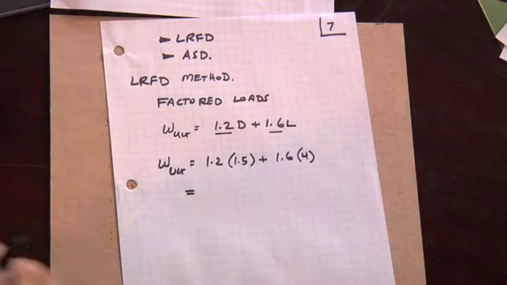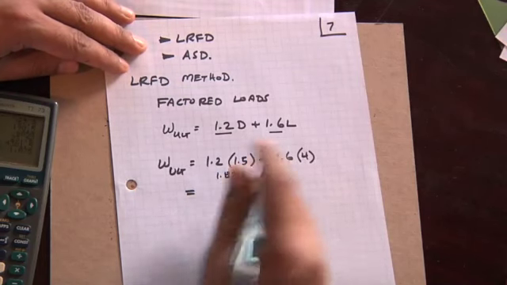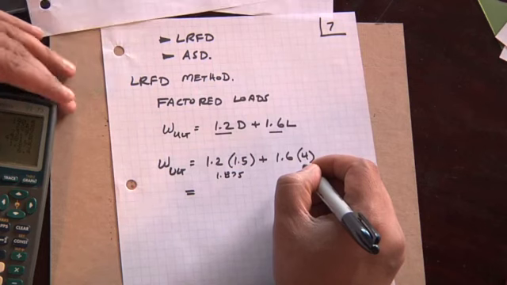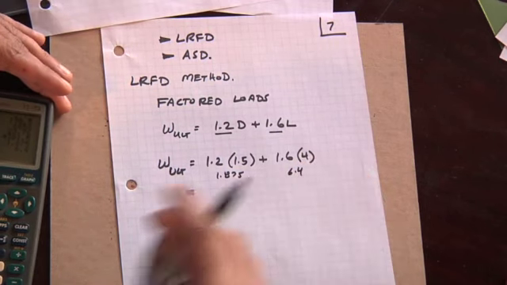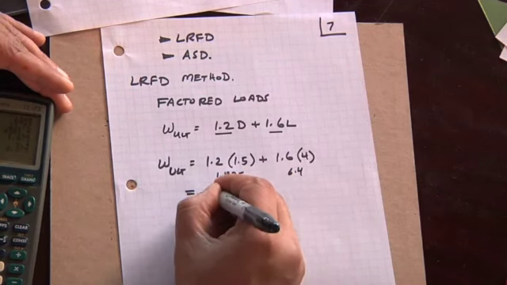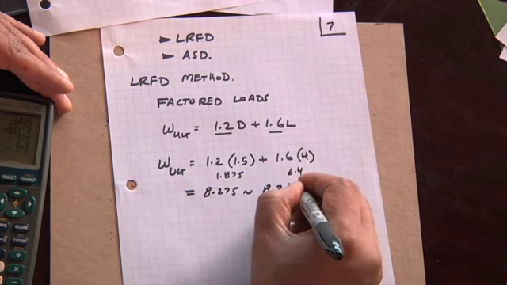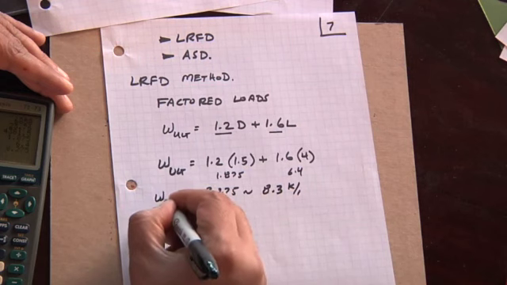Let's do the math on that. 1.2 times 1.5 is 1.875, and 1.6 times 4 is 6.4. We add those two, and we get 8.275, which will approximate to 8.3 kips per foot.